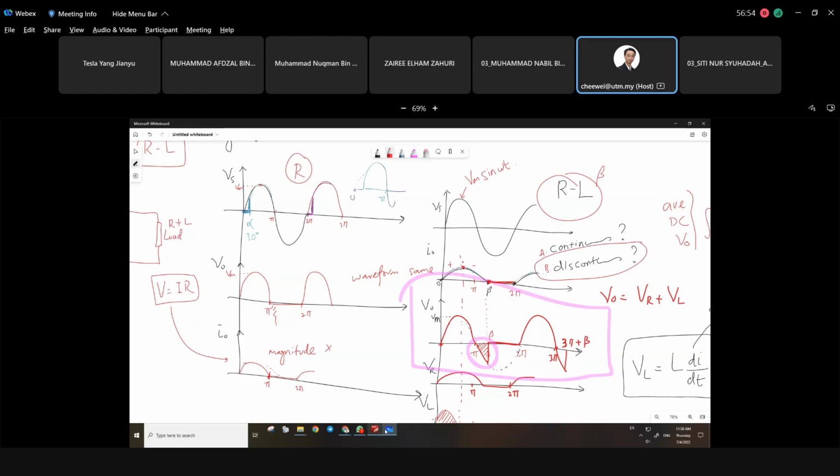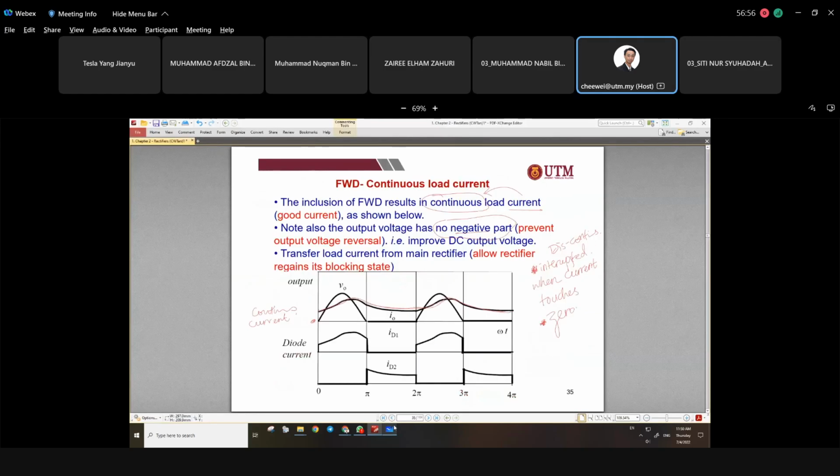Okay, so by adding this new friend, which is FWD, the freewheeling diode, there are two implications. Number one, it makes the current continuous. From discontinuous, it becomes continuous. Number two, it eliminates the negative part of the voltage.